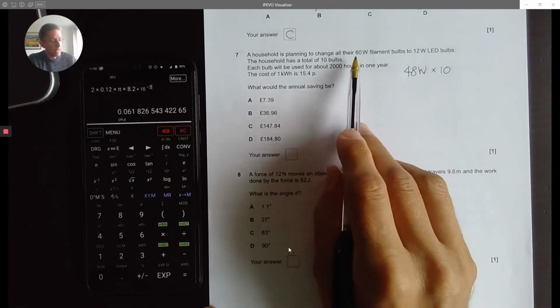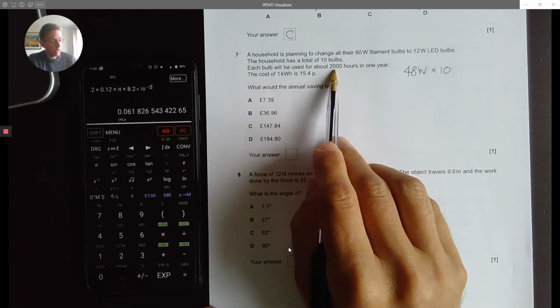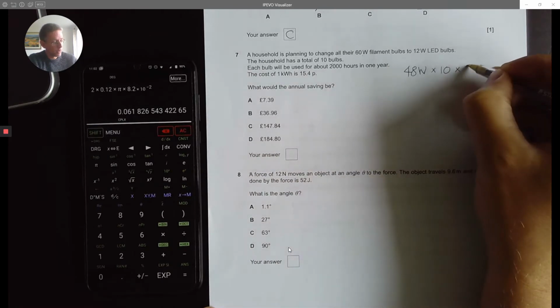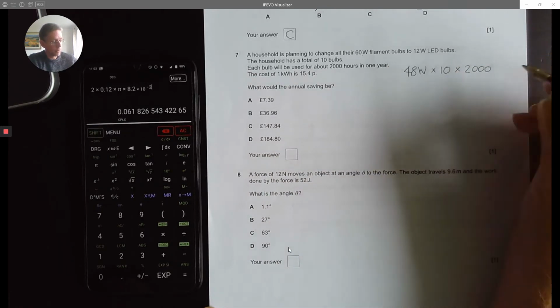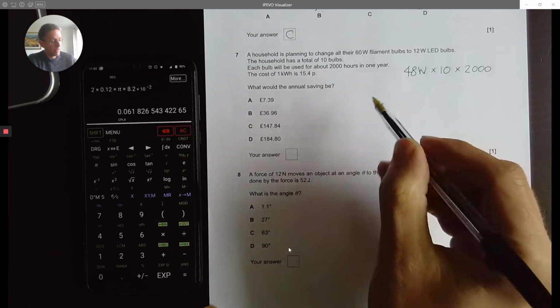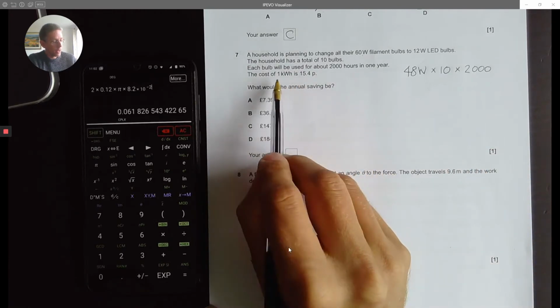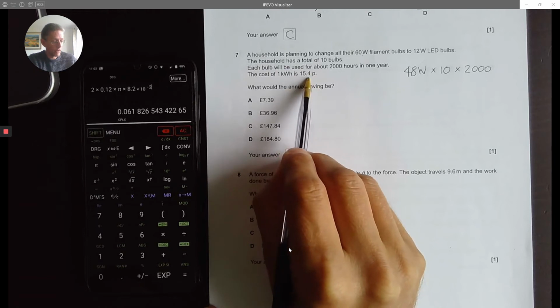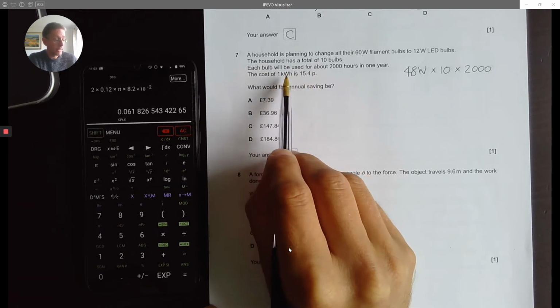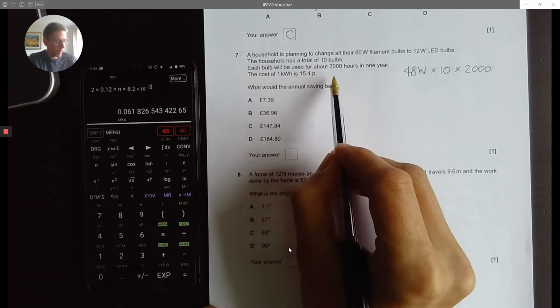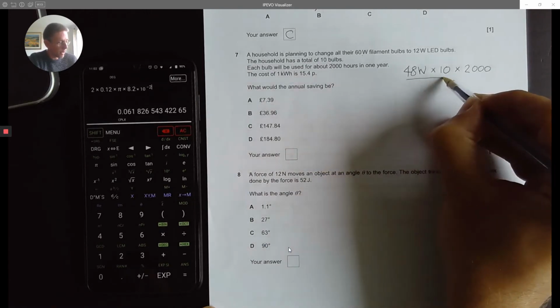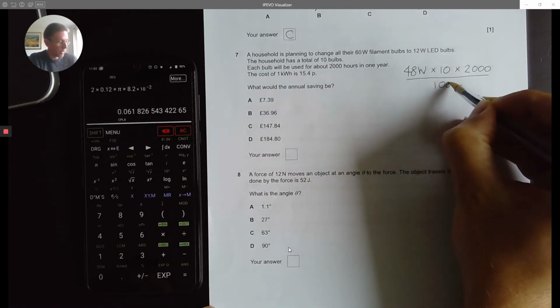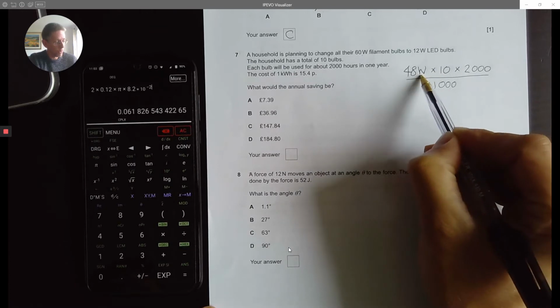Each bulb is going to be used for 2,000 hours, so we need to multiply that by 2,000. And then the cost is 1 kilowatt hour is 15.4 pence. So remember, a kilowatt hour is kilowatts times hours. So if we divide that by 1,000, we'll turn it into kilowatts. It was watts at the moment, now it's kilowatts.